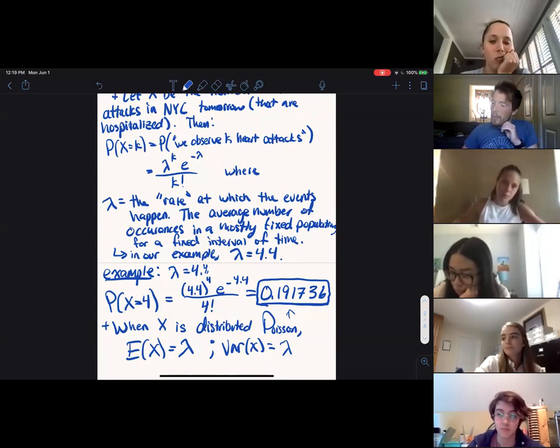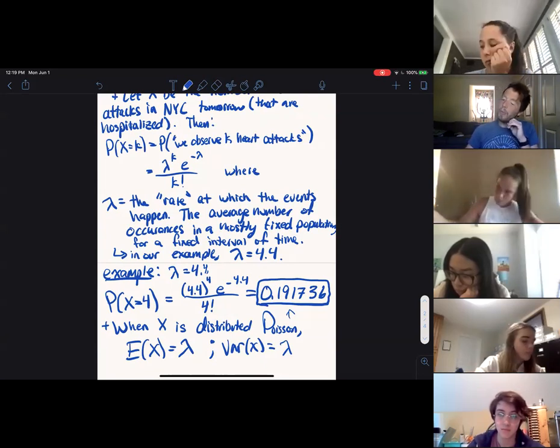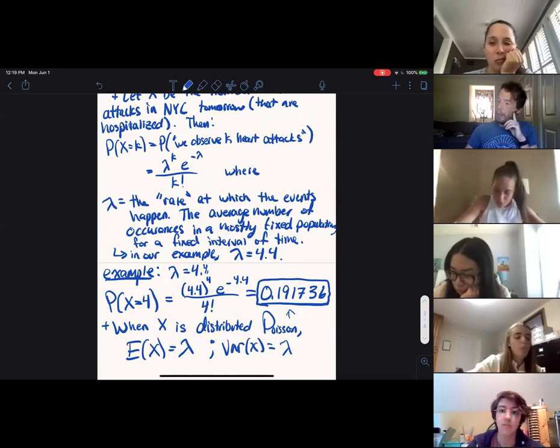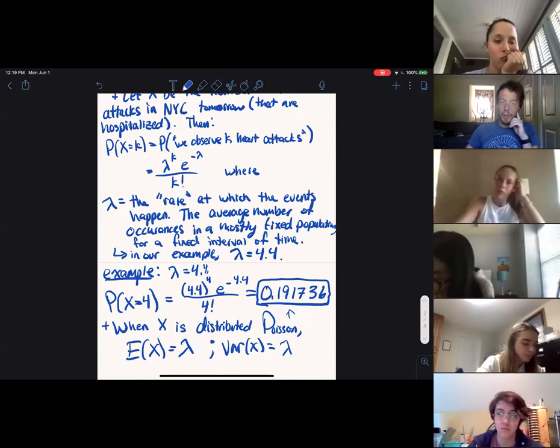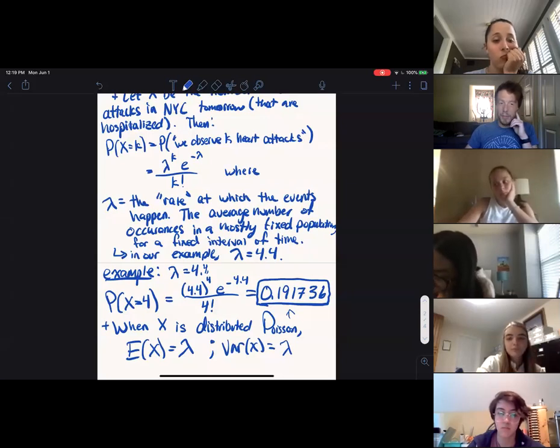So I would say this, maybe don't quote me too hard on this. One of the things about the Poisson distribution is that technically we need each of the events to happen independently of one another. The reason I say to use a large population is because with small populations, these events don't really happen independent of one another, right?